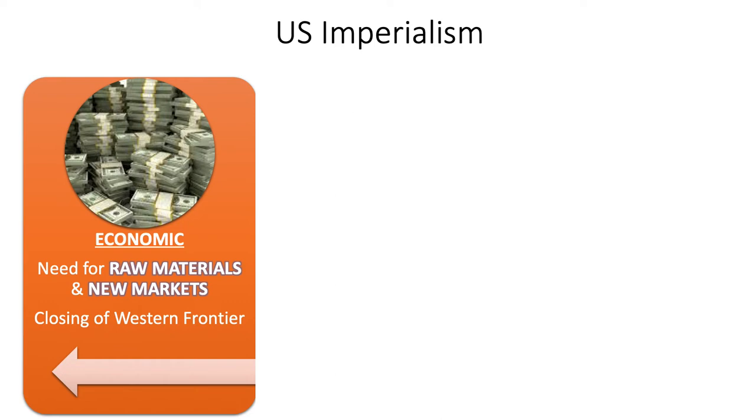You get access to their products. So, for example, America wants to have control over Hawaii or gain control over Cuba. Why? Because they make sugar, and sugar is a raw material. It's wicked expensive. It's worth a lot of money. And if you gain control over that country, you force them to sell the sugar to you for really cheap.